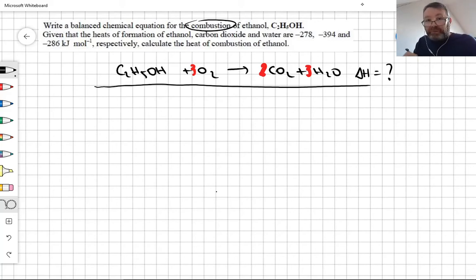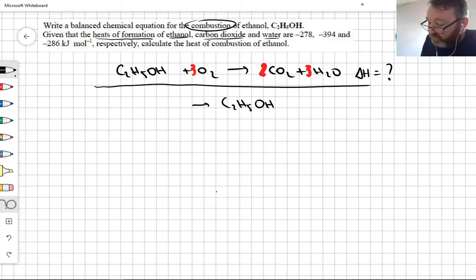So that's what I'm going to aim towards. Now, I need my Lego set, so to speak, and that's going to be in line 2. The heat of formation of ethanol, carbon dioxide, and water. So now you've got to go back to your heat of formation definition. It is the heat change that takes place when 1 mole of a substance is formed from its elements. So if I want to get the heat of formation of ethanol, listen carefully. It's the heat change that takes place when 1 mole of ethanol is formed from its elements.